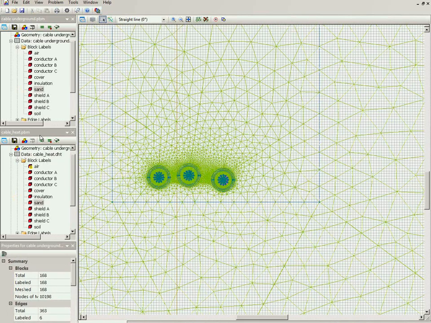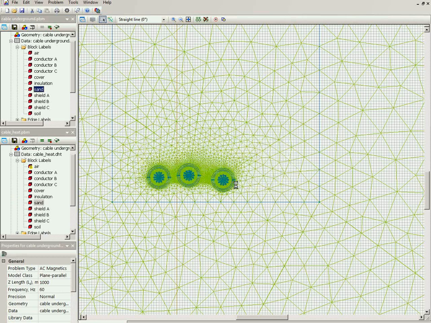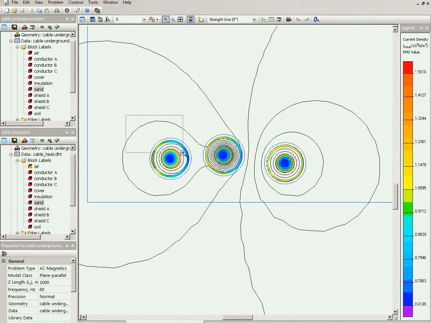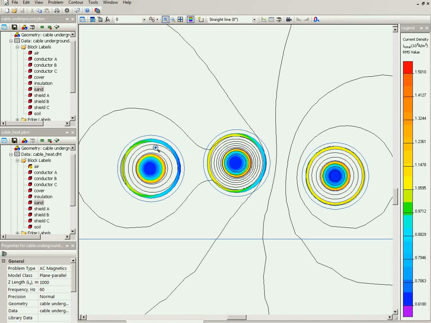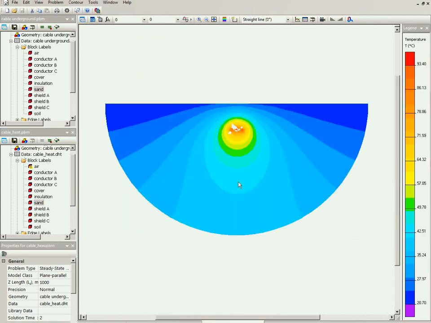Let's again run the simulation. First I should run the AC magnetic simulation to calculate the currents in the shields. And you see again the current distribution is not uniform, especially in the shields. Next step, I can run the heat transfer analysis and calculate the temperature distribution.